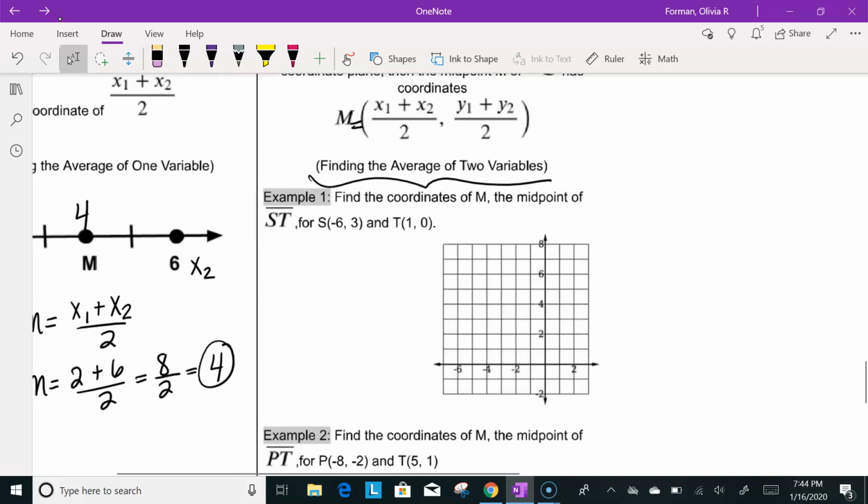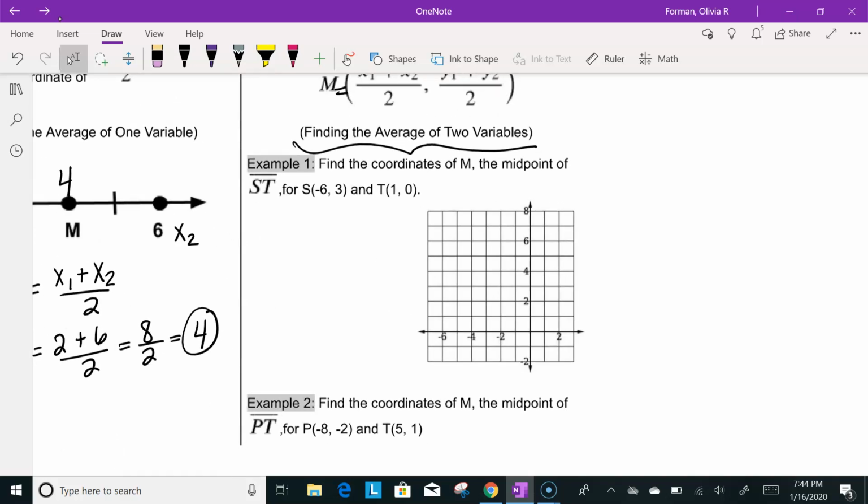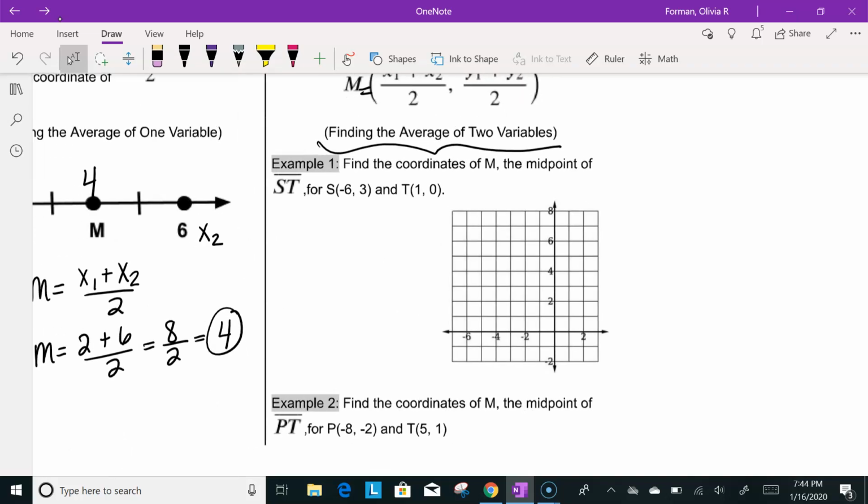I put a graph here just so that we could check our answer. Sometimes it helps to do this if you want to double check your answers. So if I'm using that midpoint formula, here's my x1, y1, x2, y2. I'm taking x1 plus x2, dividing by 2, y1 plus y2, dividing by 2.